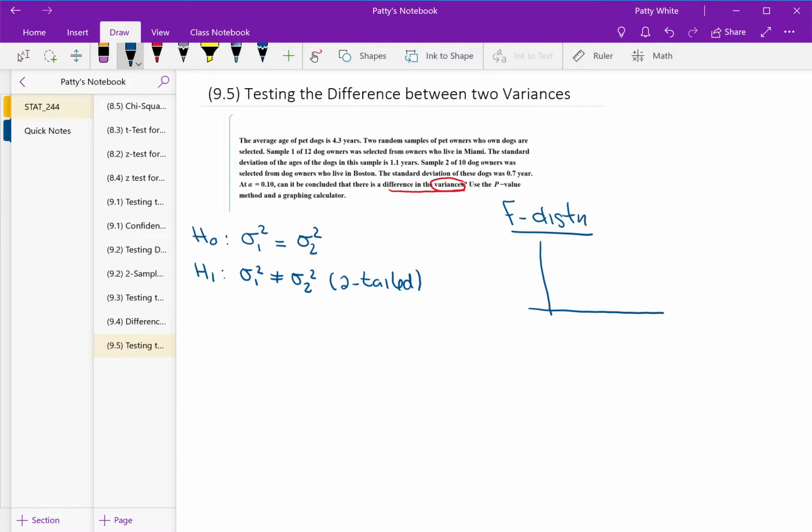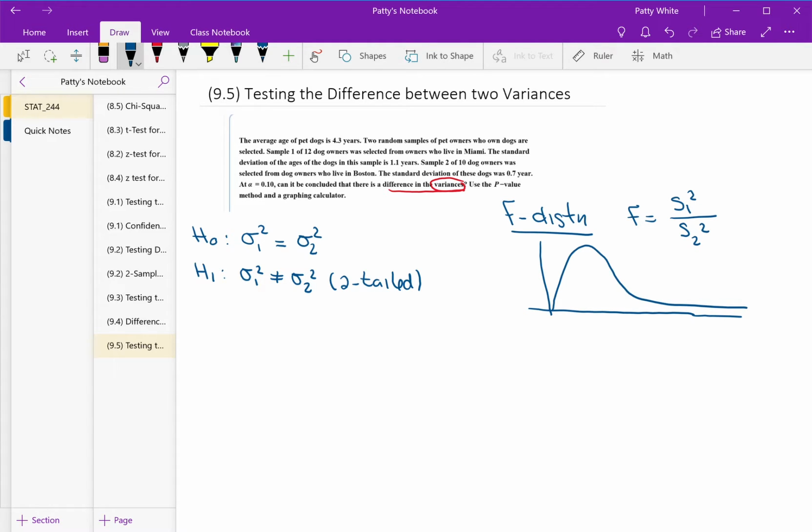So it starts at 0. It's kind of high right in here, and it's skewed all the way to the right. So this tail is pulled to the right. Most of its mass is closer to the 0 point here. So we have an F distribution. Its test statistic is F equals the sample variance of group 1 over the sample variance of group 2.